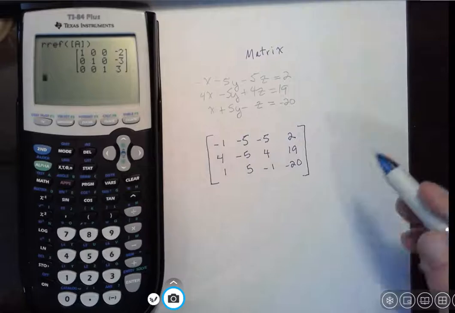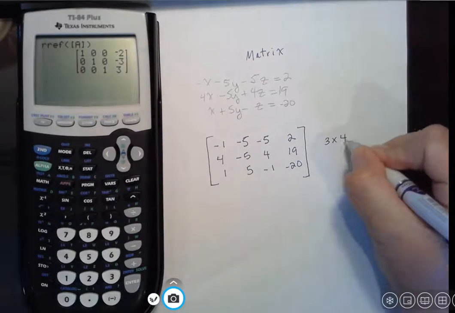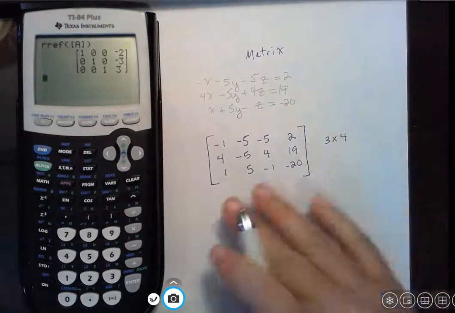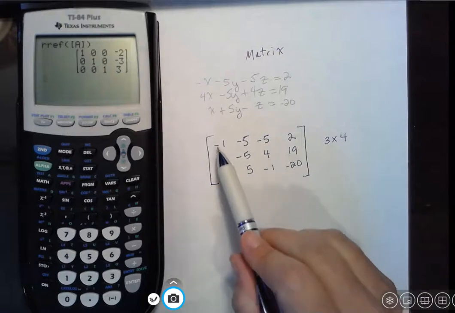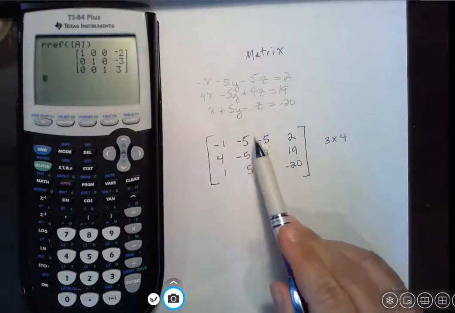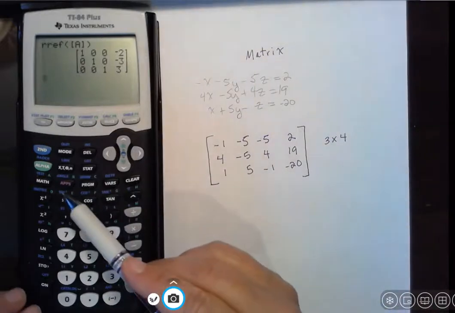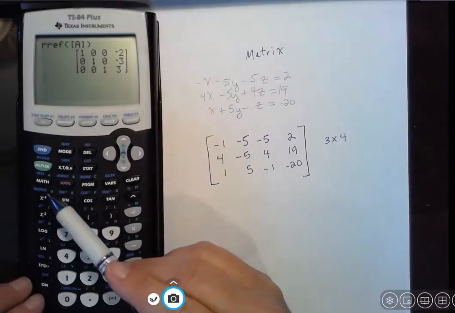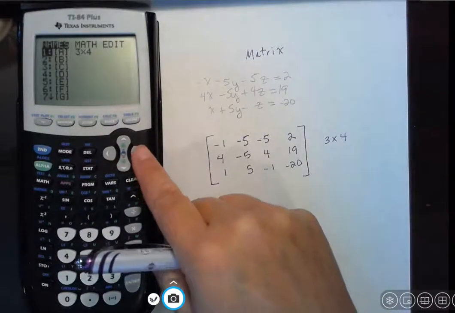Okay, so what we just created here was a 3 by 4 matrix, and you should have some experience with a matrix. It's 3 because of the 3 rows and 4 because of the four columns. You're going to need to know that because we're going to go into matrix on our graphing calculator. So I'm going to click on second matrix.